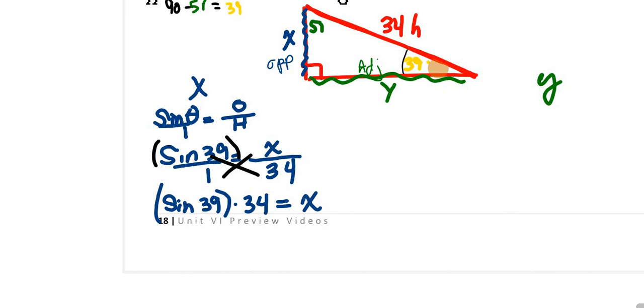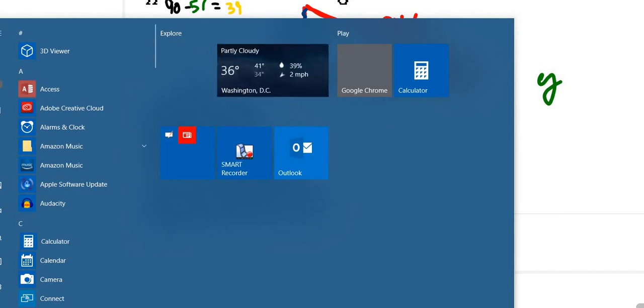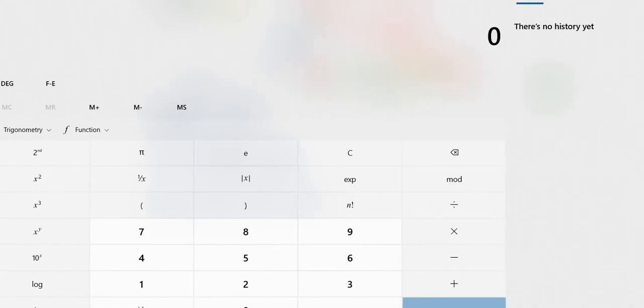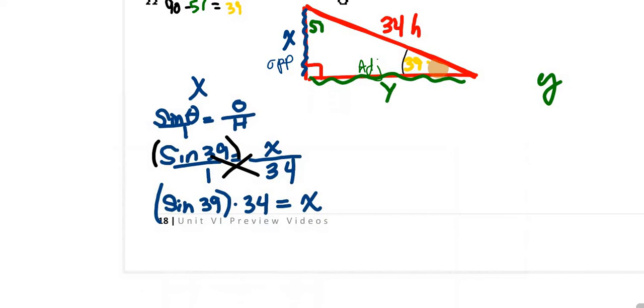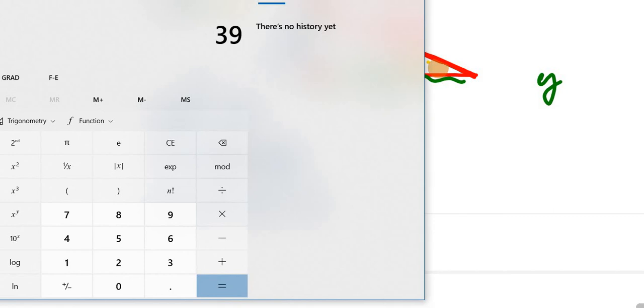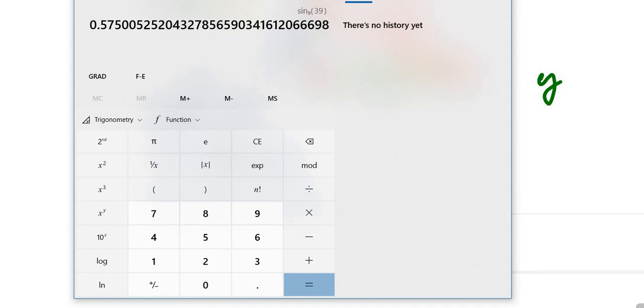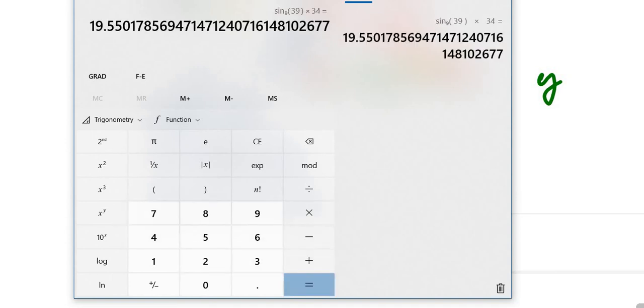So I see here I'm going to end up doing sine of 39 times 34 will give me X. Sine 39 times 34, and we're going to take that to the second decimal place.